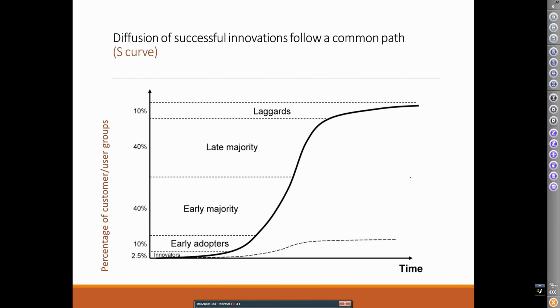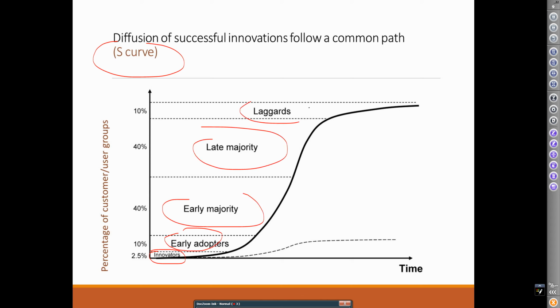So here is the graph of diffusion. This graph is also called the S-curve because it looks like the letter S. There are actually 4, even 5 different types of innovators: innovators themselves, early adopters, early majority, late majority, and laggards.